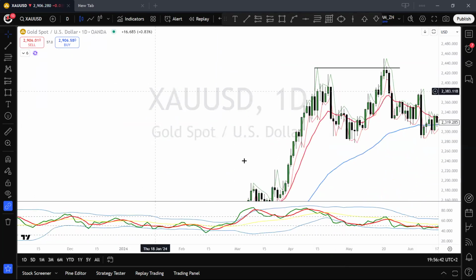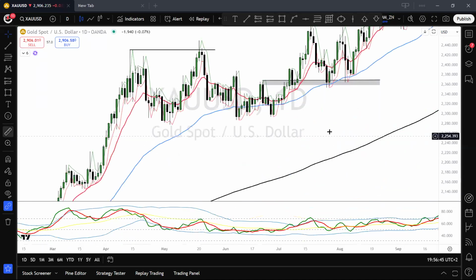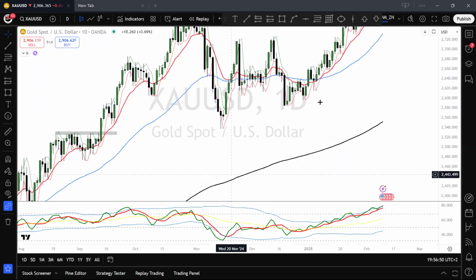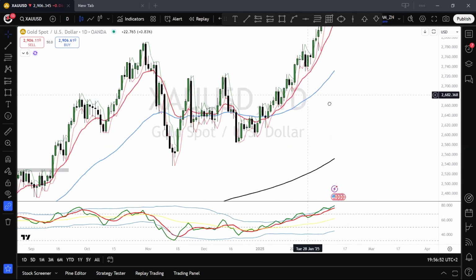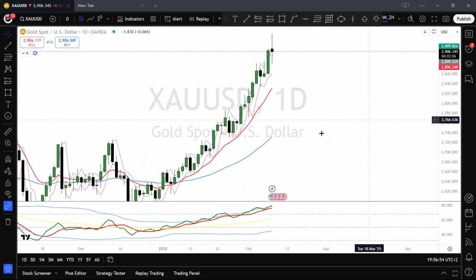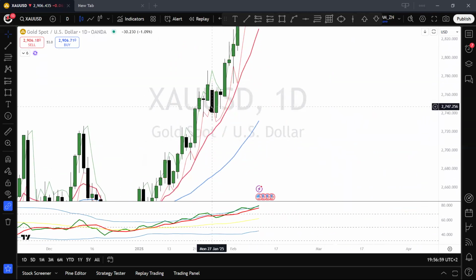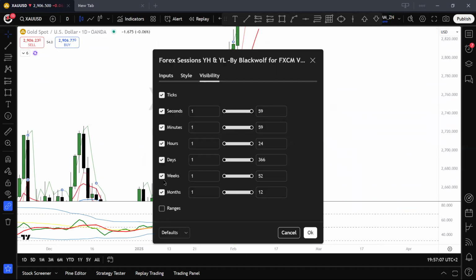We're looking for the 27th of January, 2025. I don't know how we got all the way back here. Okay, this is the 27th right here. So let me remove this so that it doesn't show here.